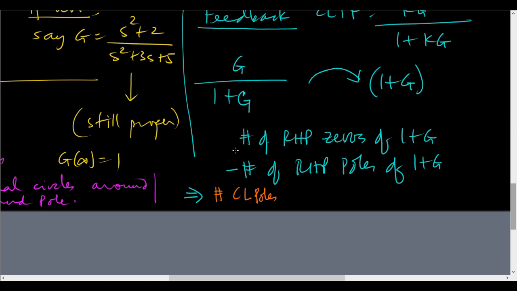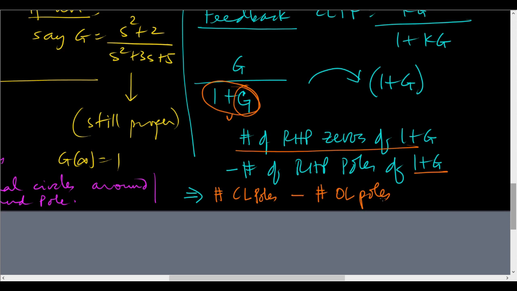Because wherever this is 0, there you have a closed loop pole, and wherever you have a pole of this, that means this is infinite, so you have an open loop pole. So minus the number of open loop poles. Okay, that is what this means.